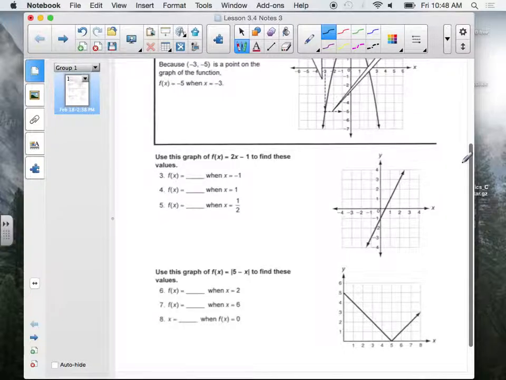Adjusting the graph, not the equation. Right. So this is the graph for that line, 2x minus 1. So we're being asked to find what f of x is when x is equal to -1. So what do we do first? 2 times -1. Nope. Well, let's just look at the graph first.